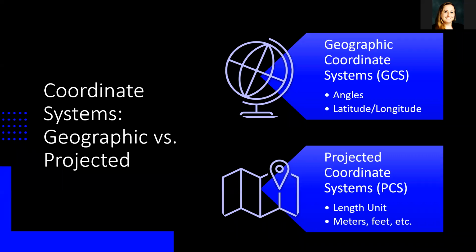Circling back, now we have geographic and projected coordinate systems. Geographic coordinates are the locations on the Earth's surface. They are measured by their degrees of latitude and longitude and are measured in decimal degrees or degrees minutes seconds. On the other hand, we have projected coordinate systems. Projected coordinate systems are coordinates that are located on the surface that you project the globe onto, or your map.